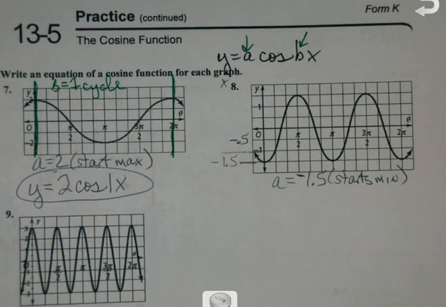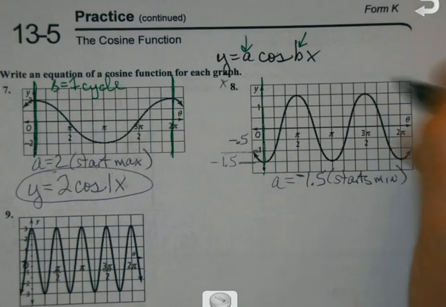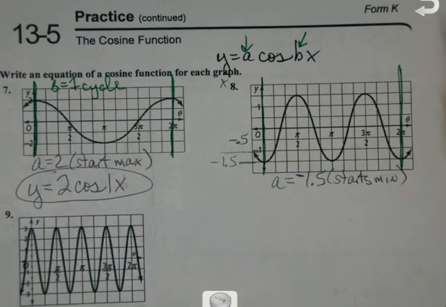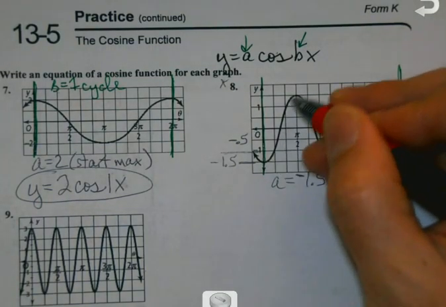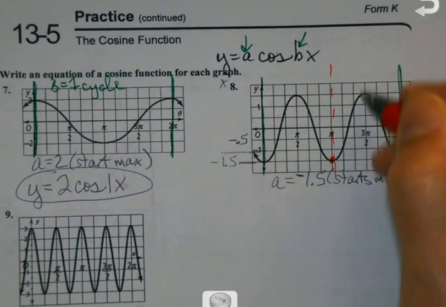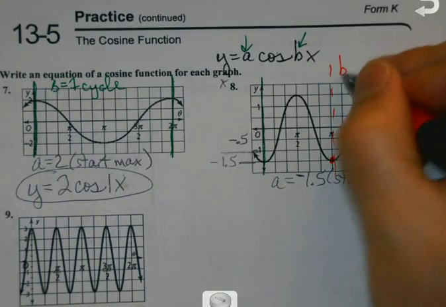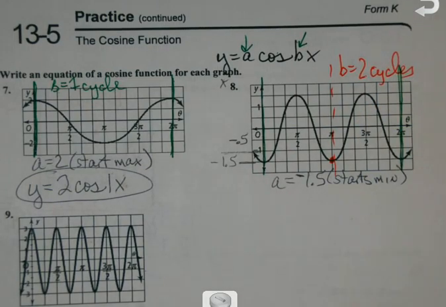So I get that set. Now I've got to figure out what my b value is. So again, how many cycles do I have between 0 and 2 pi? So back to the min right there. So there's 1, back to the min, I've got 2 cycles.